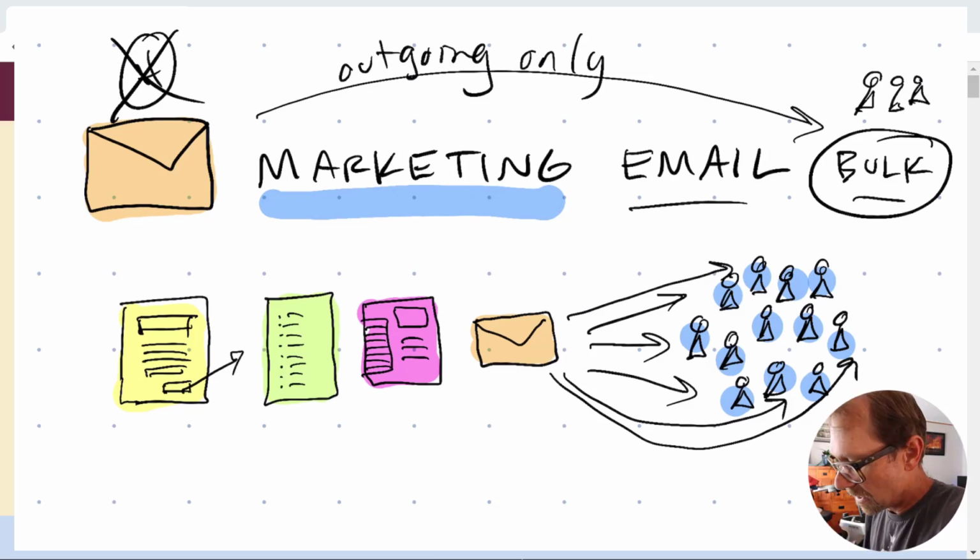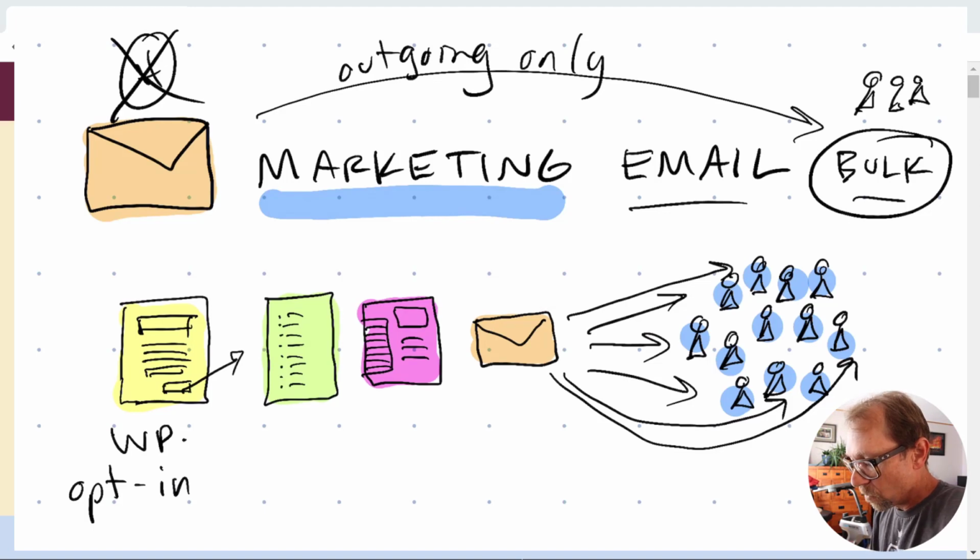Looking at the diagram here, I've got a few extra pieces before the email gets over to the recipients. The first thing is that we need a website with an opt-in form. This is made on WordPress, and it has an opt-in form that allows the user to enter their email address and then click the submit button.